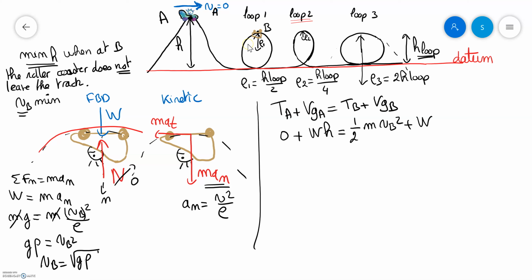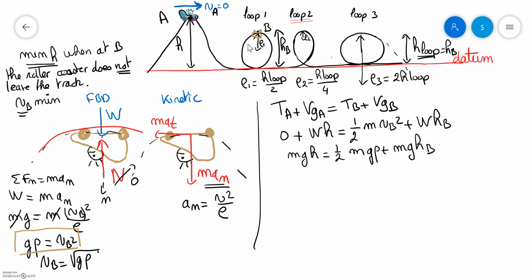Let me call this height of the loop HB. Plus W times HB, and it's plus because it's above the datum too. So we have W is mg, mgH equals 1/2 m VB squared plus mgHB. Then VB squared is equal to g times rho, so we have mgH equals 1/2 m g rho plus mgHB.